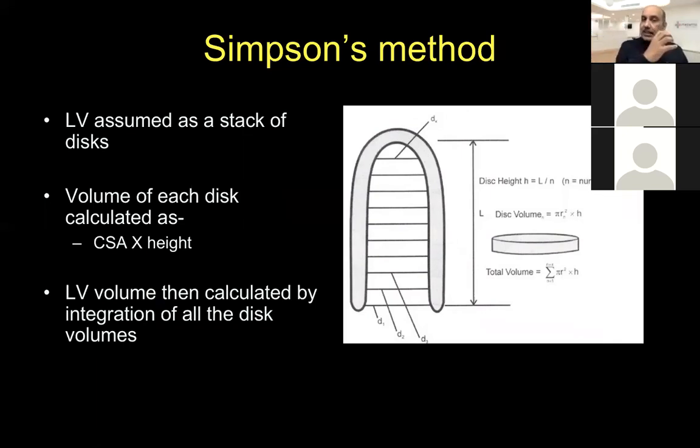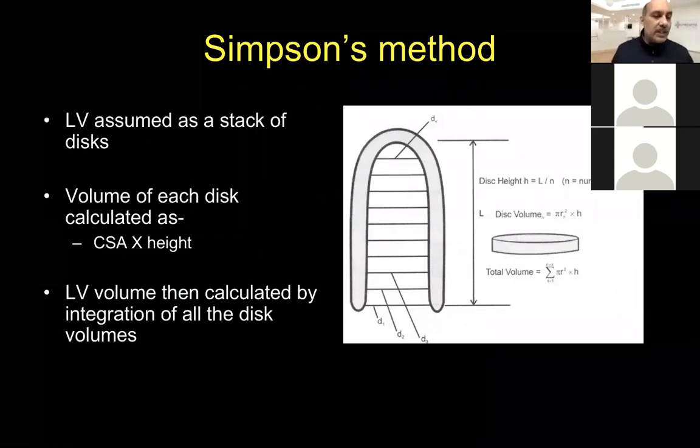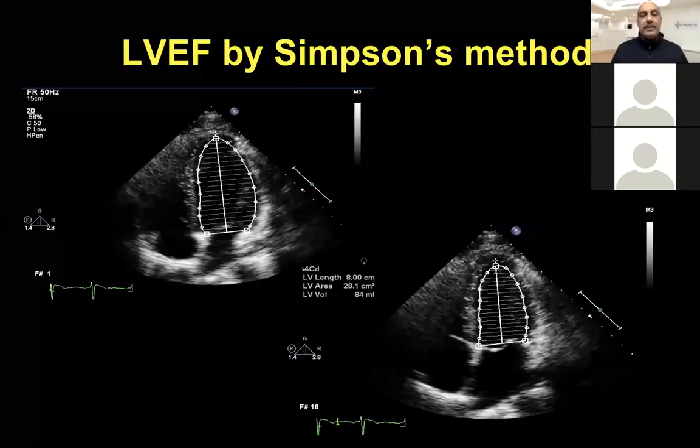And this is again a simple formula: diastolic volume minus systolic volume divided by the diastolic volume gives you an ejection fraction. So that is the common area: whether you like it or you don't like it, ejection fraction has to be calculated and reported every time.